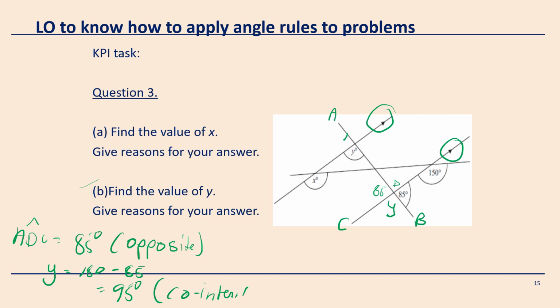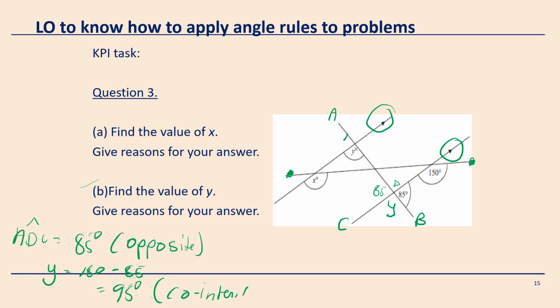Right, now we'll look at X. Right, what can we do with X? We've only got one set of parallel lines, we've got nothing really. This line here is a bit of a, we can't do anything with it because it's not parallel to anything. Okay, so we could say that if this is 85, okay, so let's look at this line here.